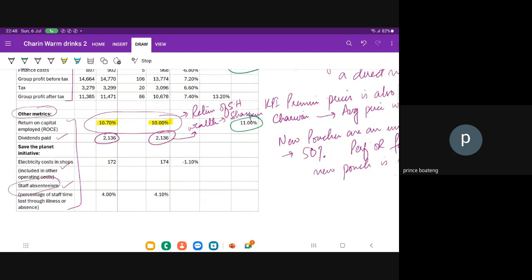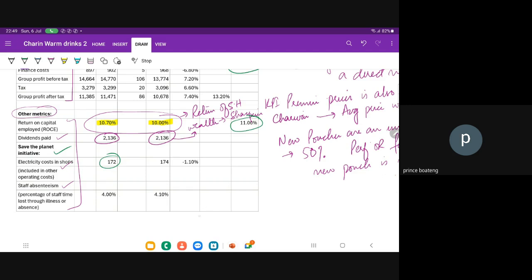The second thing, if you try to manage the financial and non-financial part, these are some extra points which you can mention with respect to the presentation part. So non-financial performance indicators are given, some sort of non-financial or other than balance sheet items. There are few things like electricity, Save the Planet initiative that the company is measuring. So this is a good thing, right?